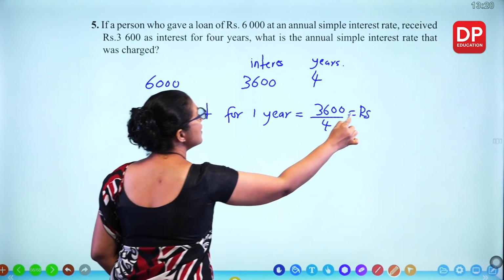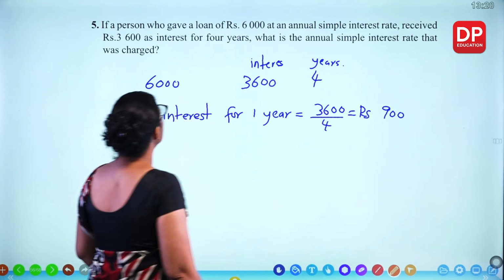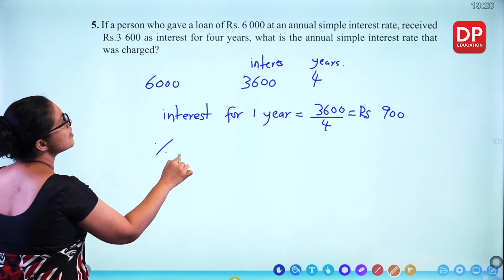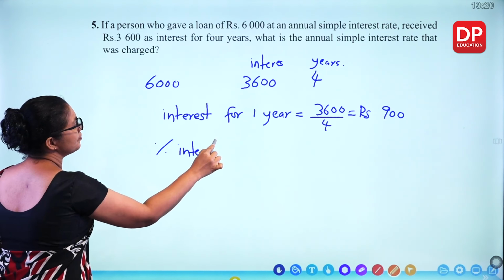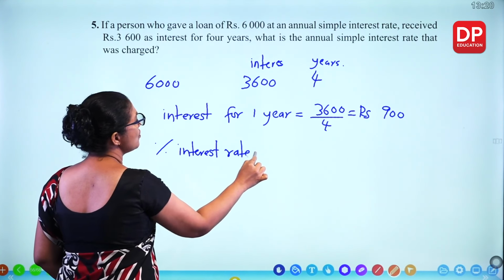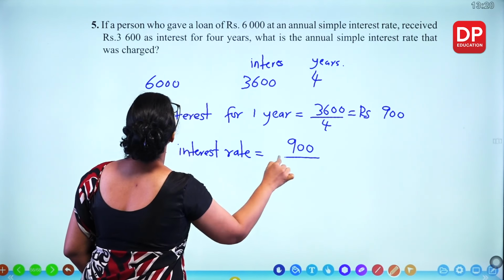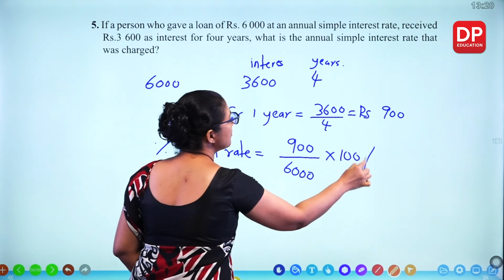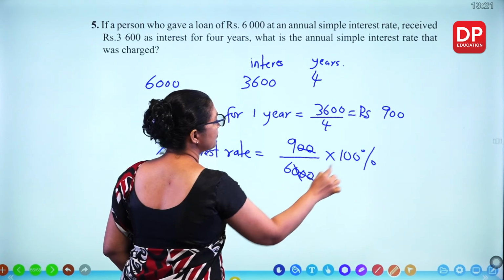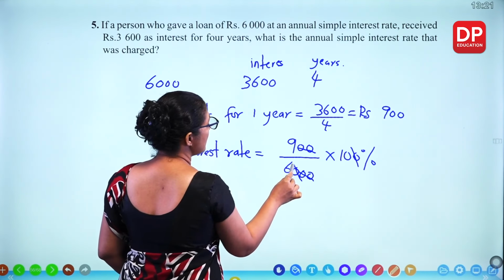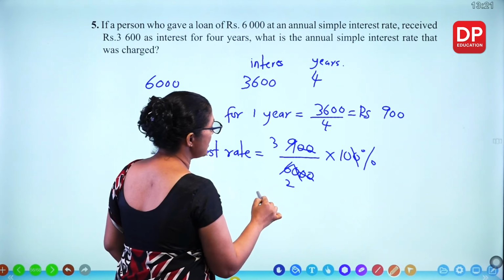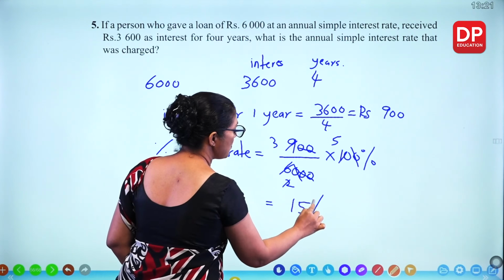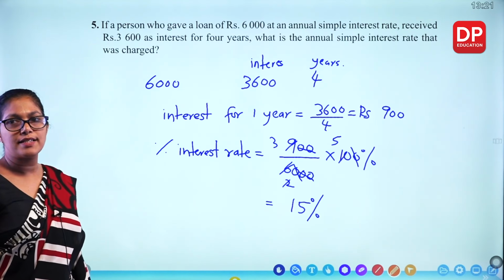You get 900 rupees. So you have to pay 900 rupees for 1 year. So what's the percentage interest rate? Interest rate is equal to 900 for 6,000 rupees into 100. And then you get 3 times 2, 3 times 3, 2 times 5. So 5 times 3, 15% interest rate.